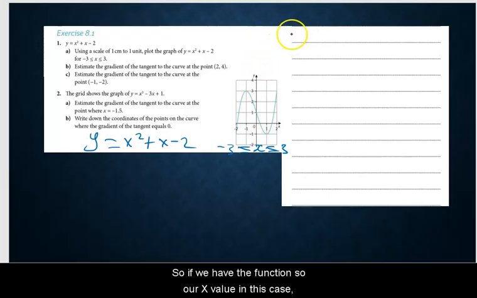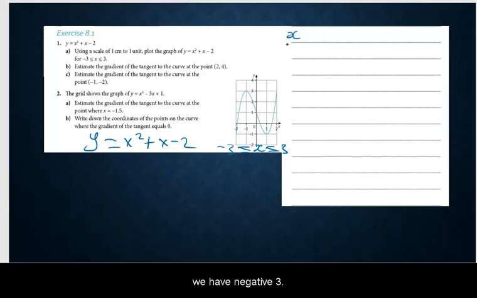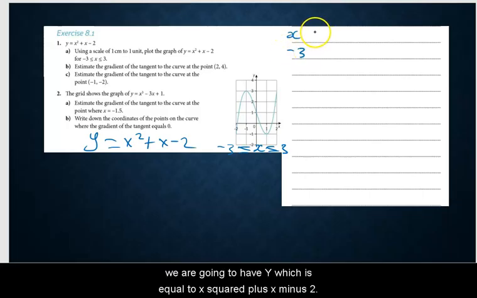So if we have the function, our x value in this case, we have -3, and then for -3 for x, we are going to have y, which is equal to x squared plus x minus 2.